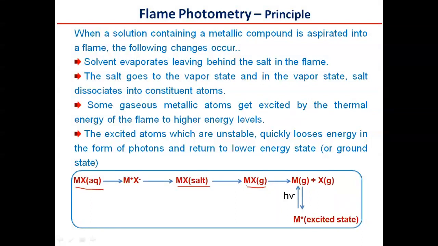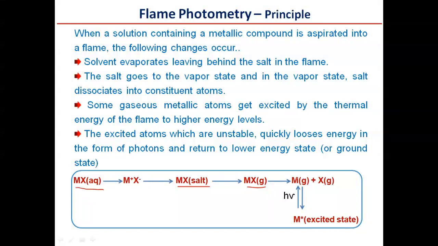For example, a salt made up of two parts, like sodium chloride, Na plus and Cl minus, in the gaseous state. The moment it is in the gaseous state, the salt dissociates into its constituent atoms, that is M in gaseous state, the metallic part, and the other is the X part, which is also in gaseous state. Some of the gaseous metallic atoms get excited by thermal energy.